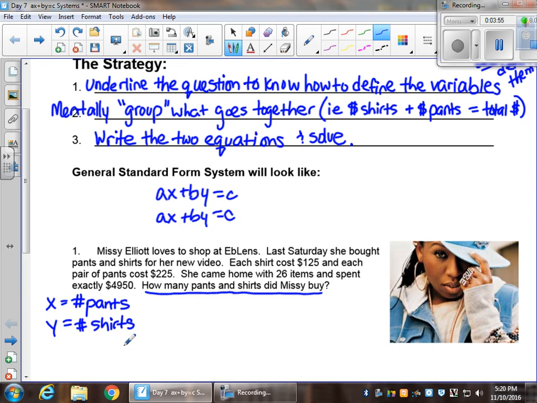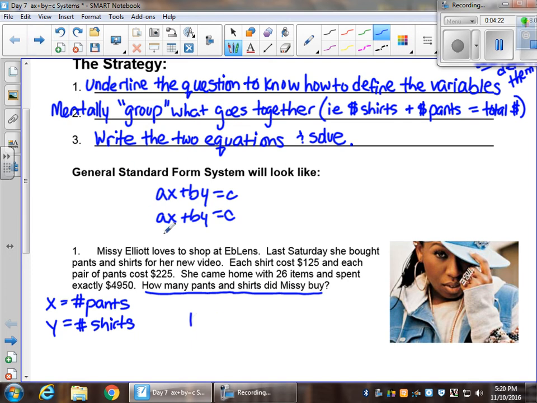Step 2 says to mentally group what goes together. So if I see money is present here, we want to get everything about money in one equation. Shirts cost $125. $125 per shirt. I don't know how many she bought. Careful. Each shirt. Did anybody catch what I just did wrong? X is pants. So I can't use 125.